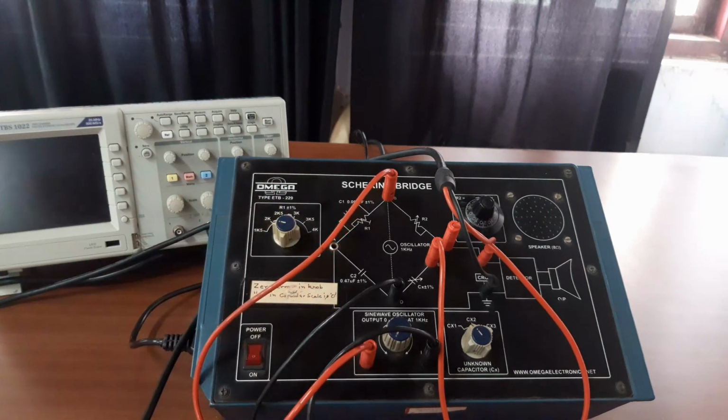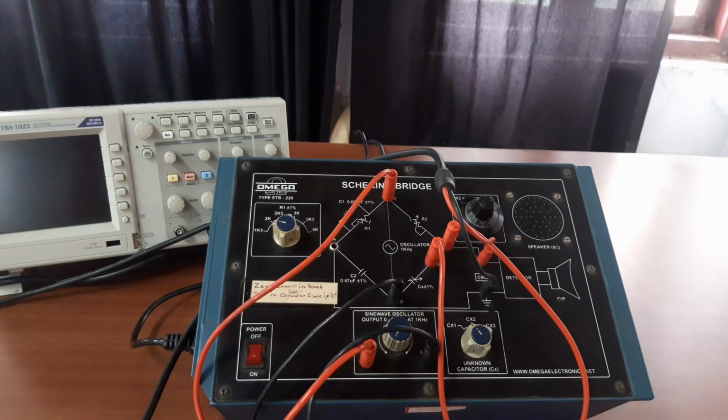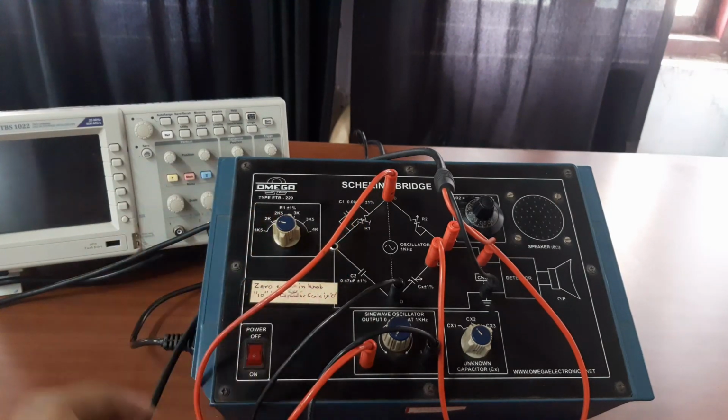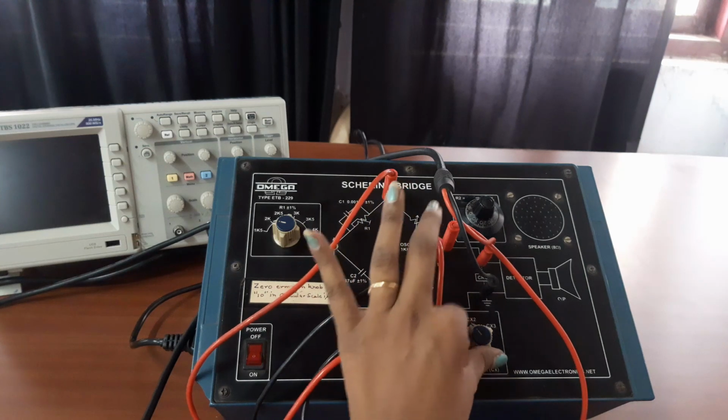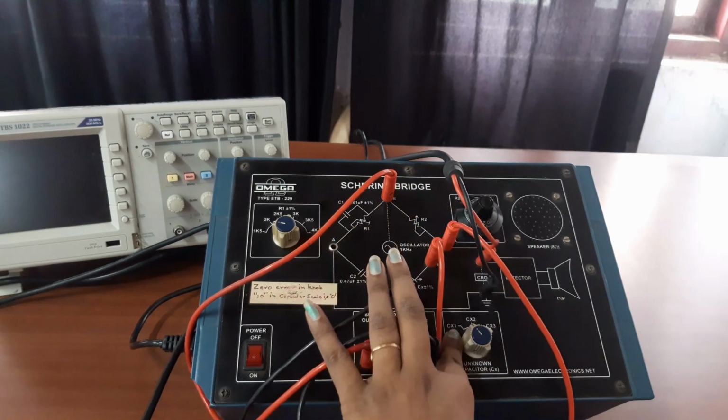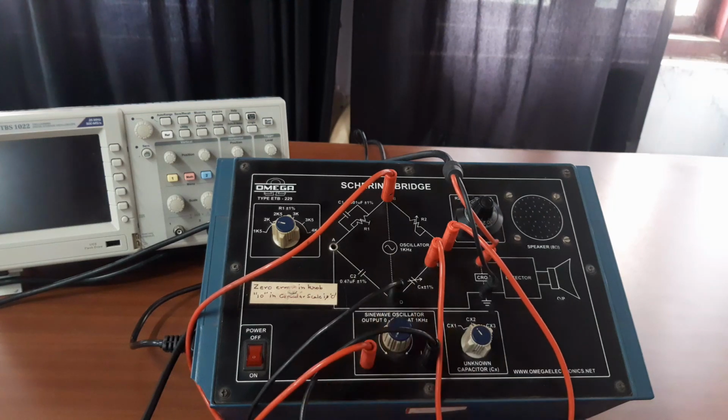Here I am only showing you with a single R1 value, that is 1.5k. Initially I have kept the knob at Cx1, so we have to find out the unknown capacitance Cx1.